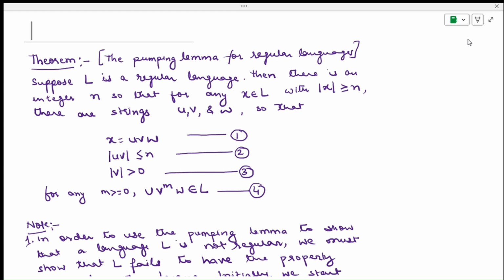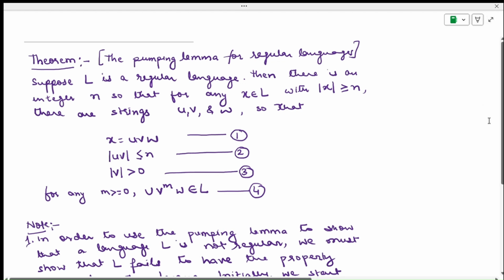That is, it has to be less than or equal to the string size. Length of v has to be greater than 0, it cannot be null. For any integer m greater than or equal to 0, u followed by v raised to the power m, followed by w should belong to the language L.